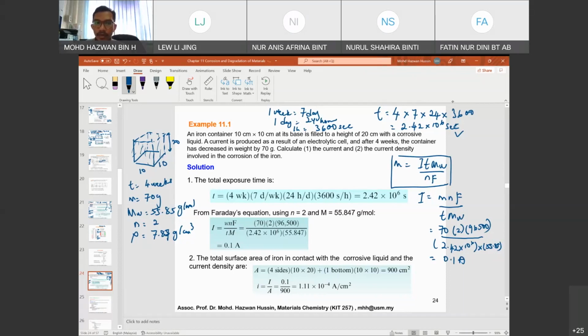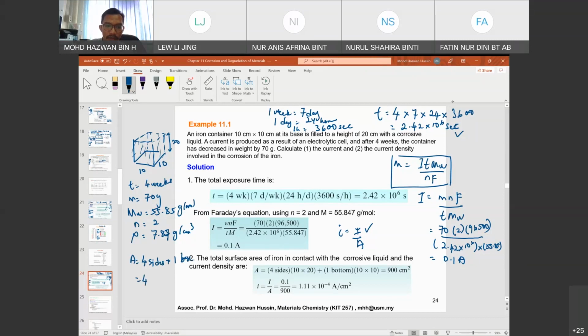Now, current density. Current density is current over area. We already have the current, so we want to find the area. Looking at this dimension, as I said, the corrosion will occur at the sides and also at the bottom. To calculate the area, you have 4 sides plus 1 base.